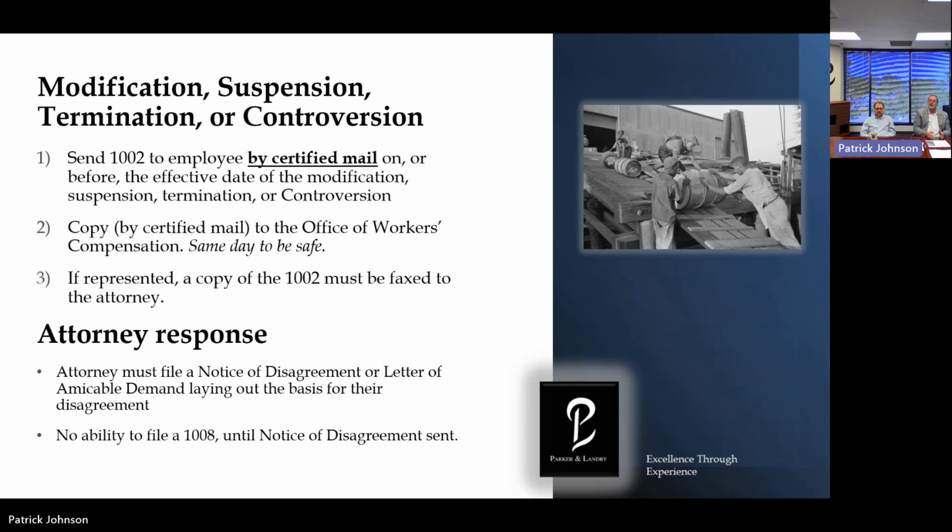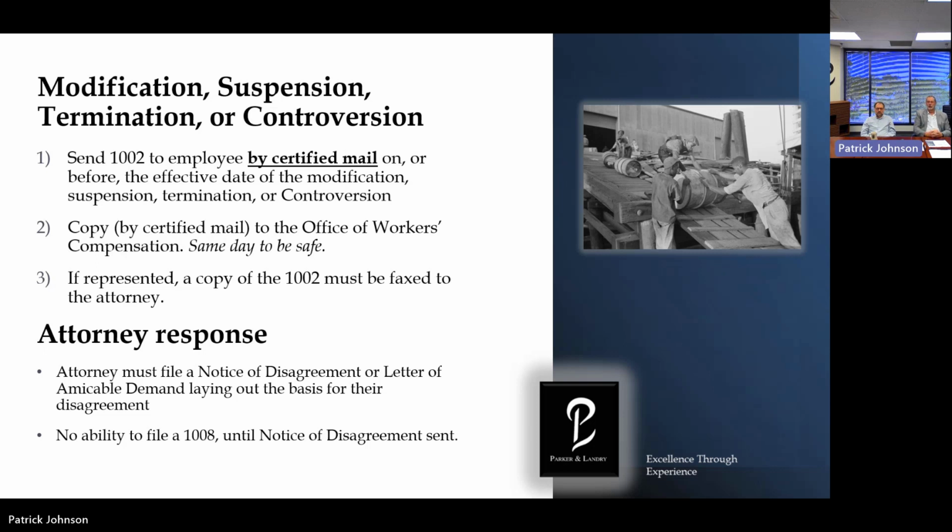When they file that, if you don't fix what they claim you have done wrong, then they can file the 1008, the disputed claim for compensation. If they don't file the notice of disagreement, then they are unable to file a 1008. We file an exception of prematurity.